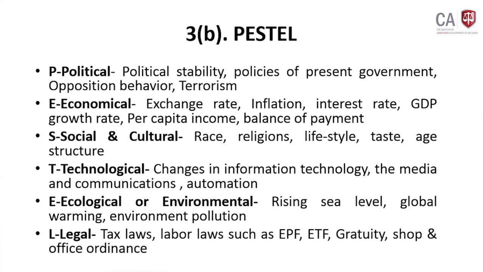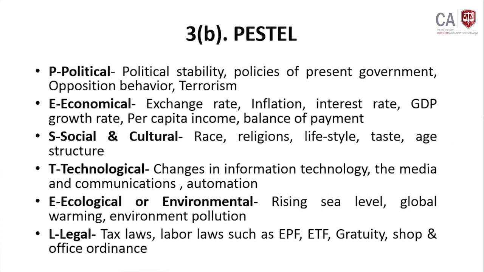Fifth one is ecological or environmental. Here we are going to look at matters like rising sea level, global warming, environmental pollution. Then next one is the legal environment. Some of the laws considered are, for example, tax laws, labour laws such as EPF, ETF, gratuity, shop and office ordinance.